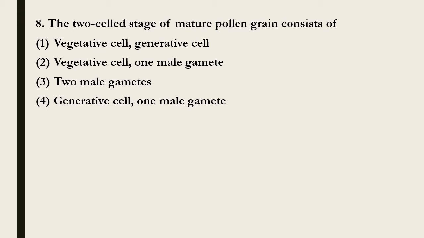The pollen grain is covered with two layers, exine and intine. Now inside the pollen grain there are two types of cells. There is a large tube nucleus, or vegetative nucleus. Inside that, a small irregular nucleus is present, called the generative nucleus.